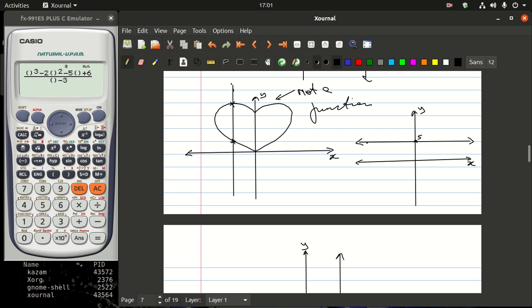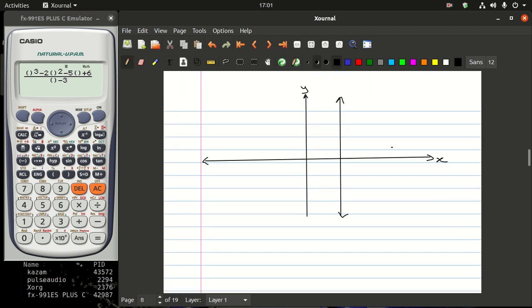But if we look at this curve here, whenever I place a vertical line, it's going to cut the curve once here, once there, once there, and once there. So this is also a function, right? Because it cuts once. But if you look at this one, whenever I place a vertical line here, it cuts it less than 2 times.